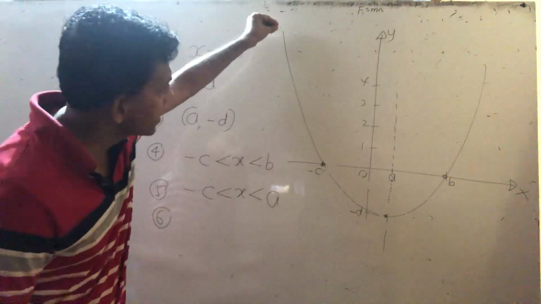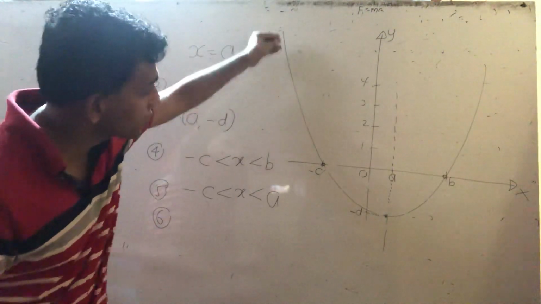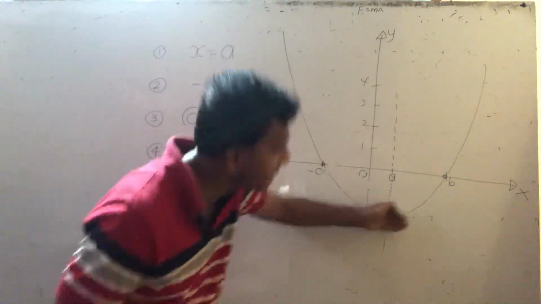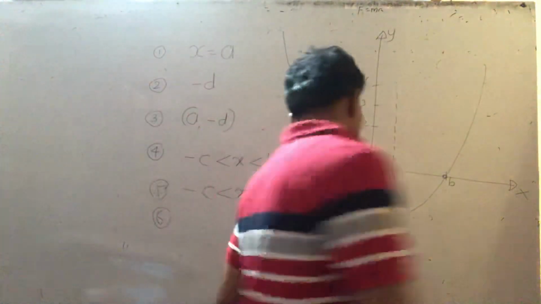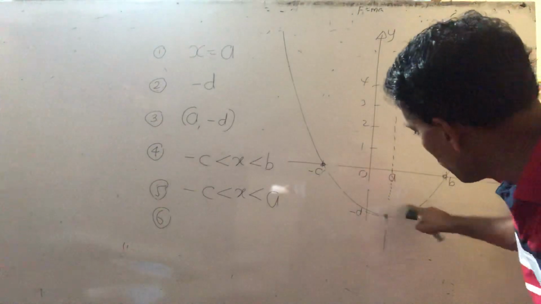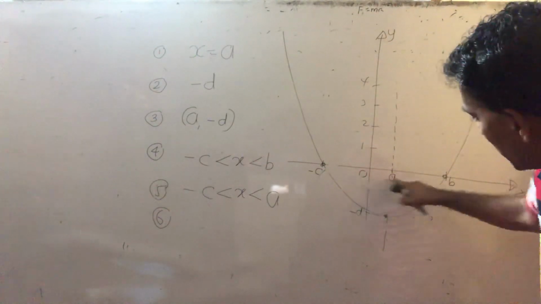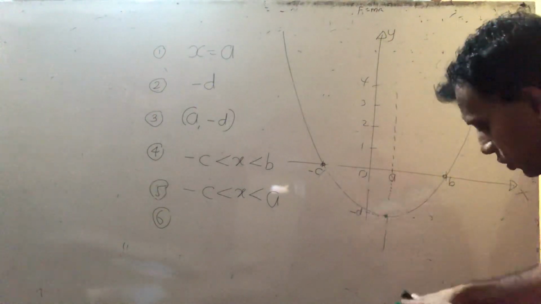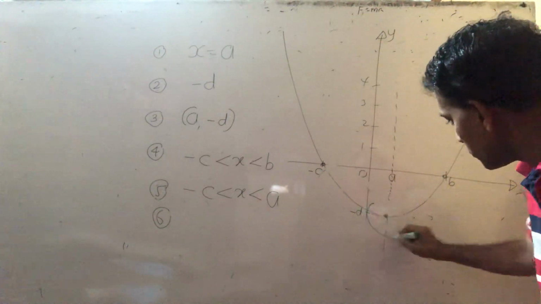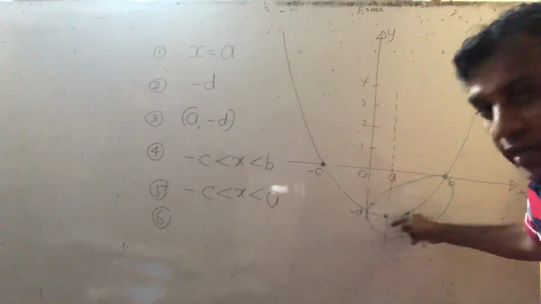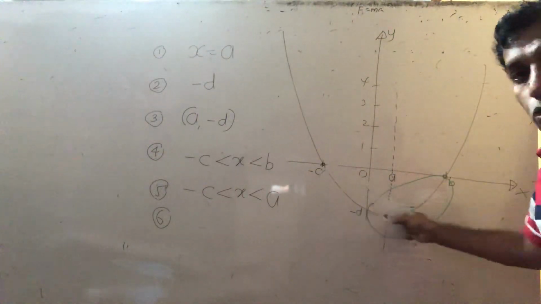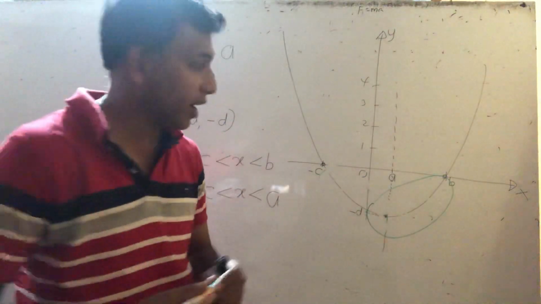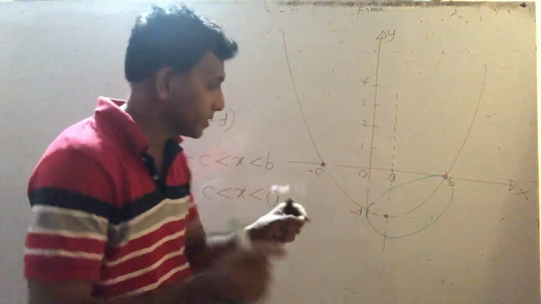So here this decreases, decreases, decreases, positive decrease, negatively decrease. Here it increases. For example, here minus 5, minus 4, minus 3, minus 2, here 0 and go. So this portion is the negatively increasing part.